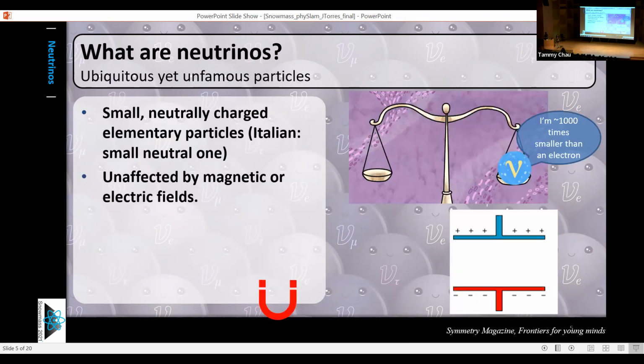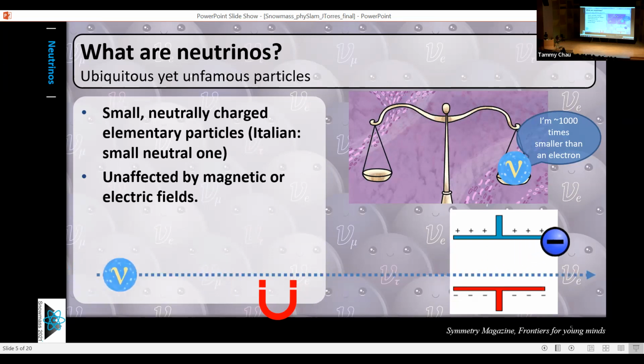And as I mentioned, they are neutrally charged, which means that imagine if you have a magnet and a pair of charged plates. A charged particle like an electron would get deflected by both of those. On the other hand, neutral particles like neutrinos, they don't care. They just go undeflected because they are neutrally charged. This will be important for the last part of my talk, so keep this in mind.